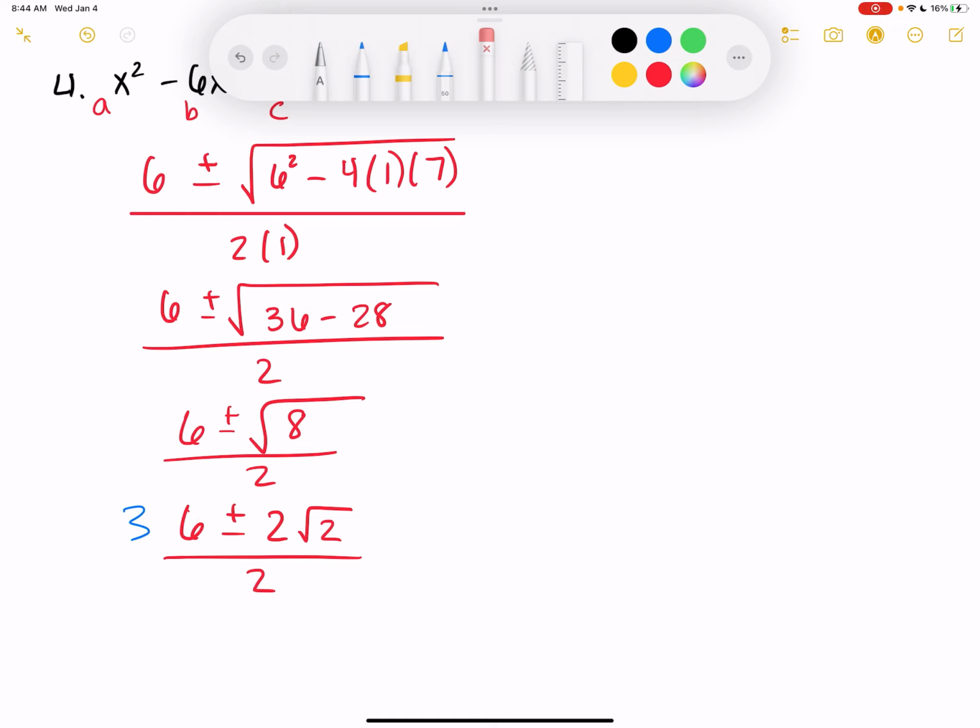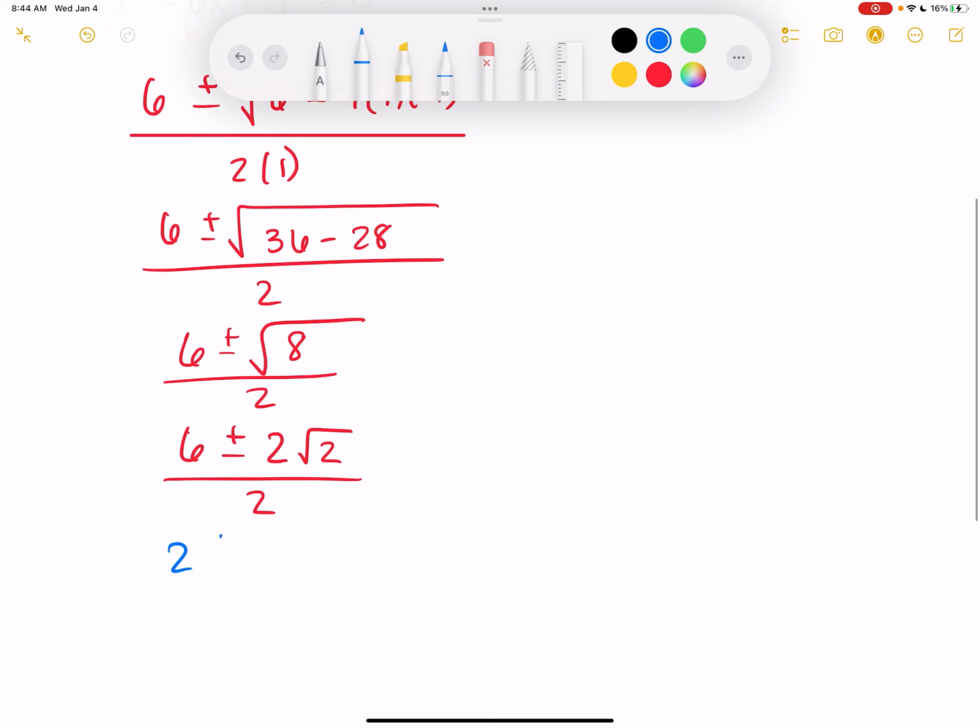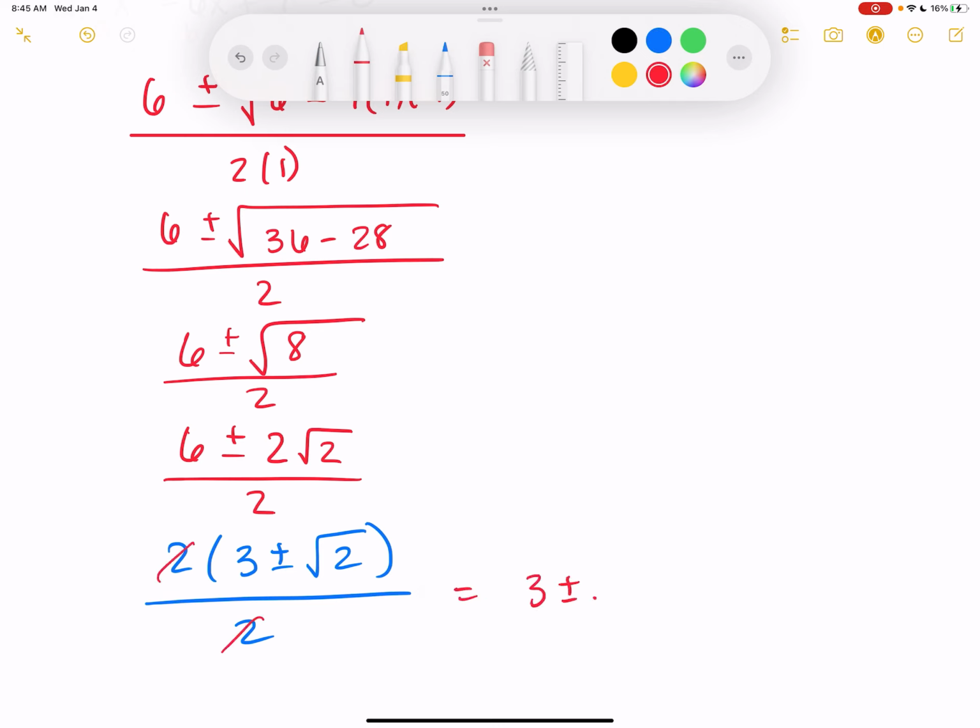Because this is being added or subtracted, we have to take something out of both pieces to then reduce it. So what I would have to do is take out a 2, and that would leave you with 3 plus or minus the square root of 2 over 2. Then the 2's can cancel and leave you with 3 plus or minus the square root of 2 as your final answer.